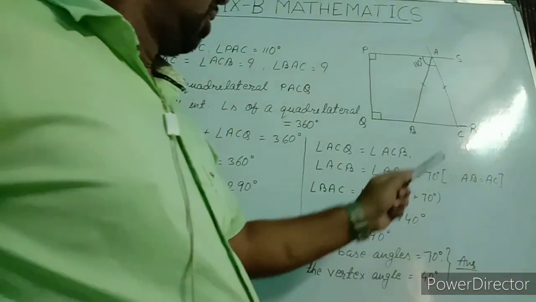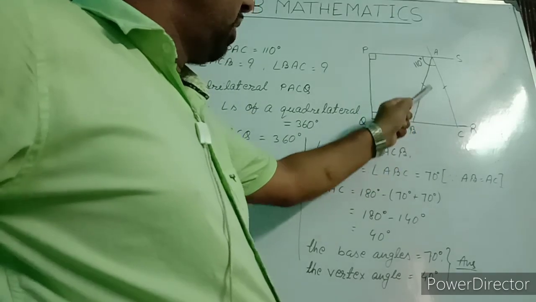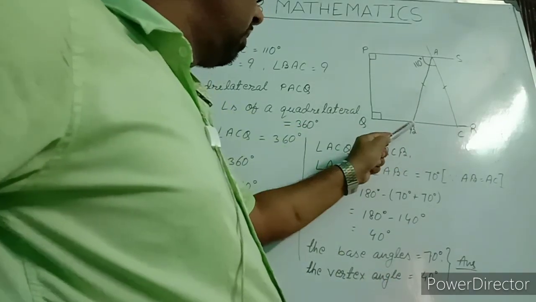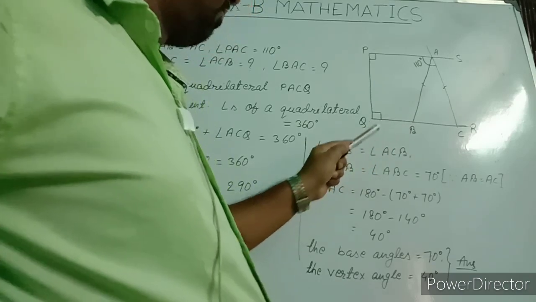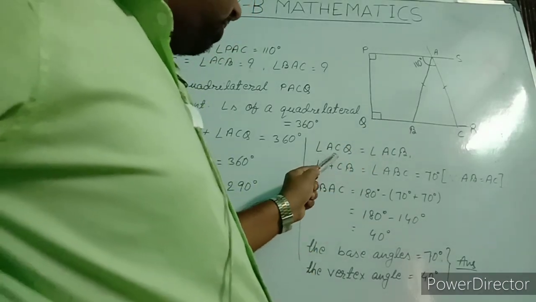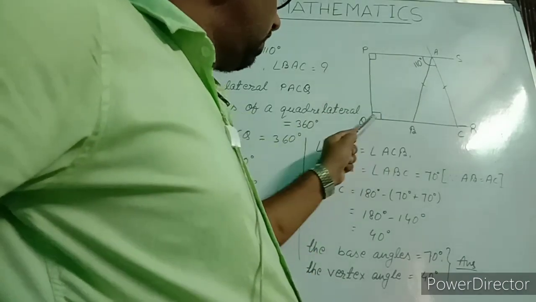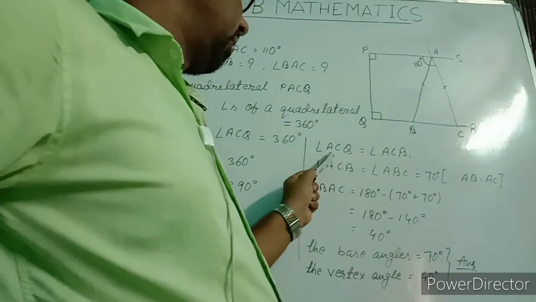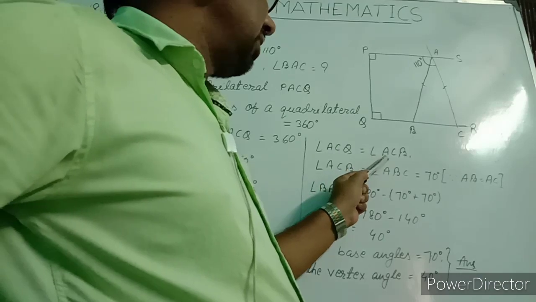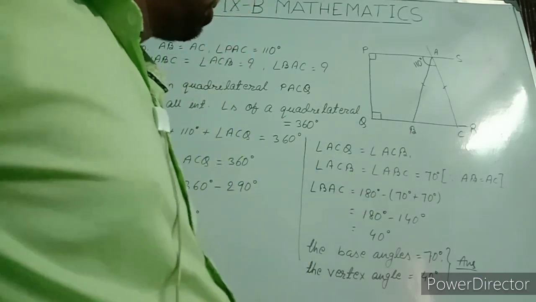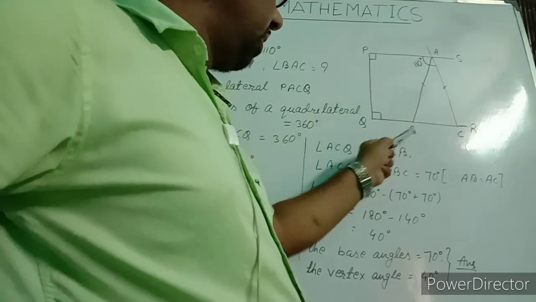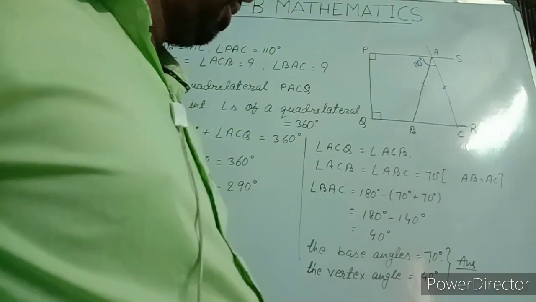Now in triangle ABC we have AB equal to AC. Therefore angle ACQ we can write as angle ACB. Now since AB equal to AC, therefore angle ACB equal to angle ABC, that is equal to 70 degrees.